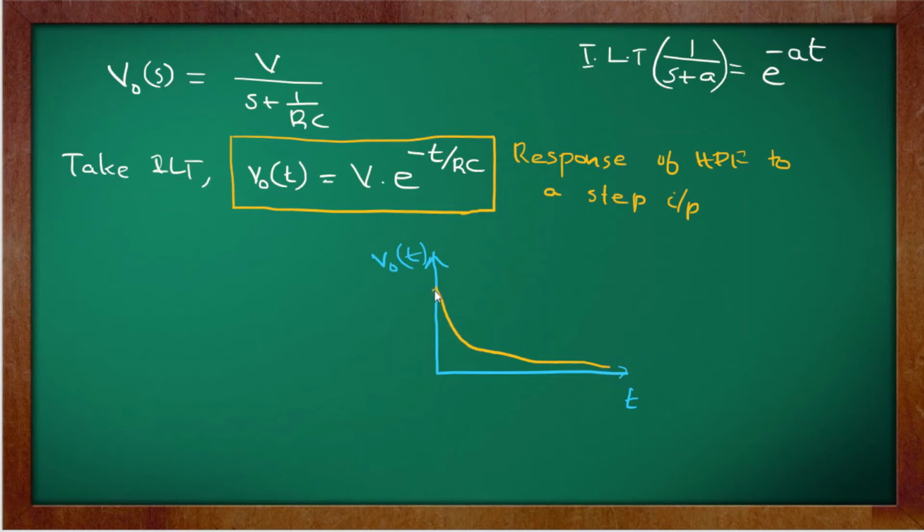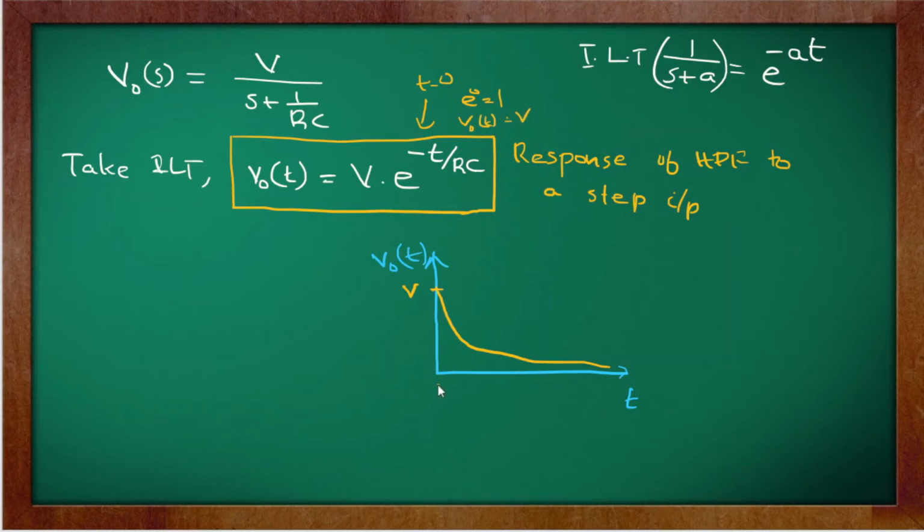It decays like this. And what is its magnitude? This is V. Why? Because V is the maximum value, right? So at t equal to 0, e raised to 0 becomes 1. So V naught of t is equal to V.